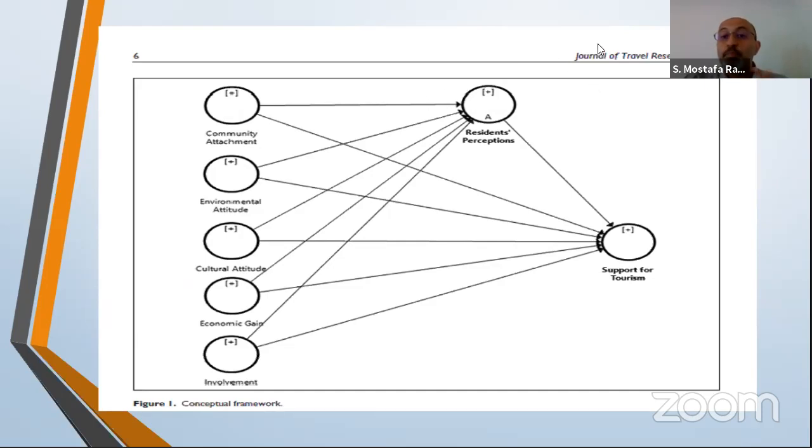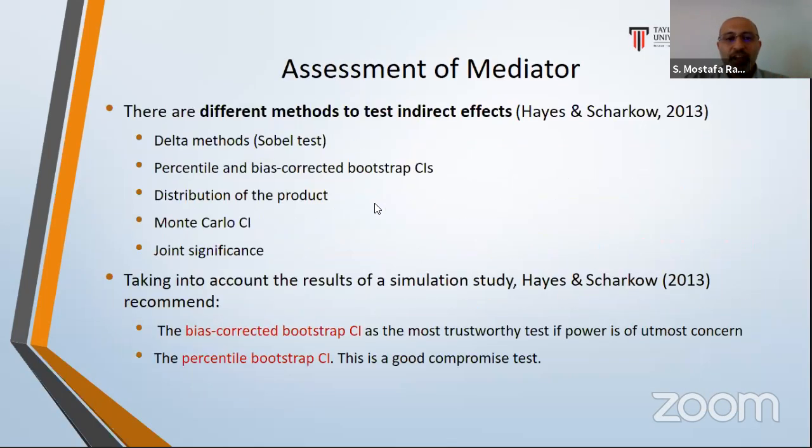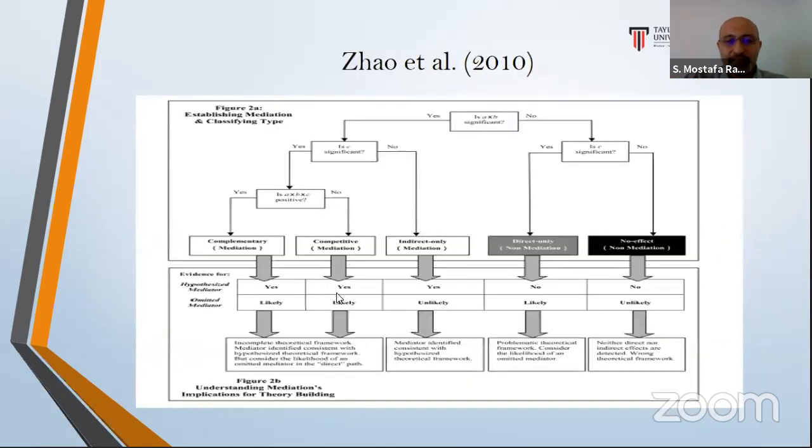So which one is important? Based on the result, we see whether this is complementary or competitive, and if it's complementary, what's the weight of each one? Which one is more important? So you can do a very good discussion for assessment of a mediator, right?